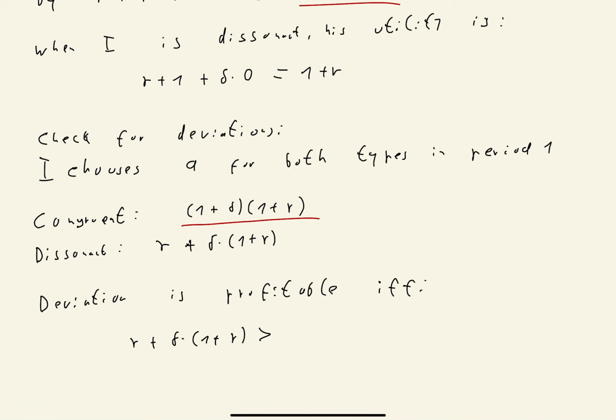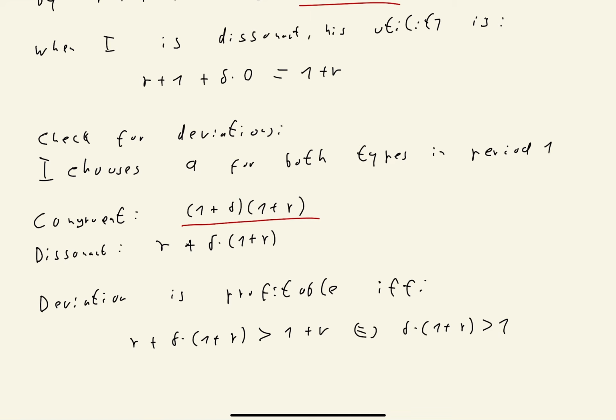So if this is larger than 1 plus R. And this is equivalent to delta times 1 plus R being strictly larger than 1. So if this condition holds, then the deviation is profitable, else it is not profitable.